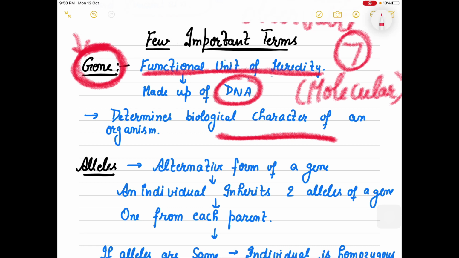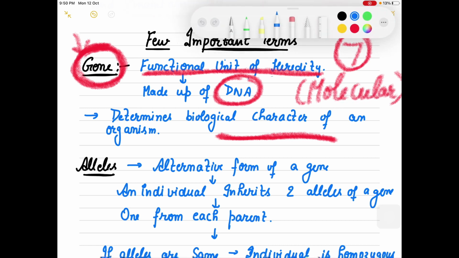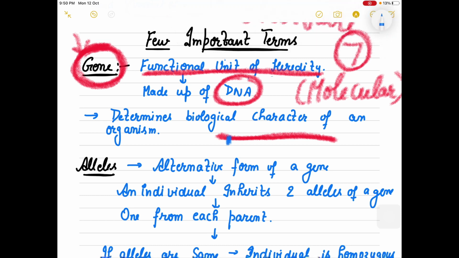If you recall your chapter, how do organisms reproduce, I gave you the idea that we have A, T, G, C sequences on the DNA.